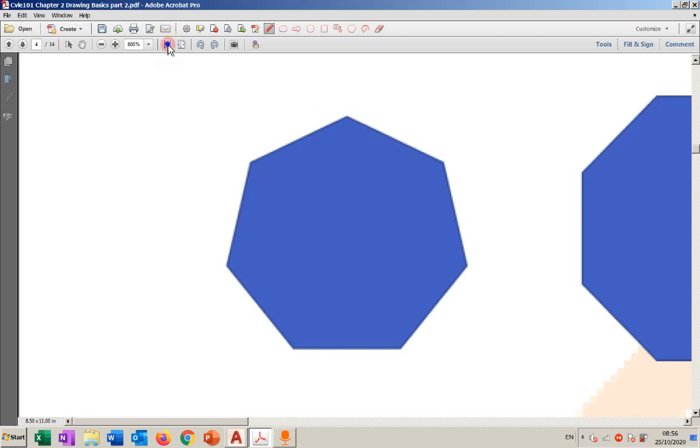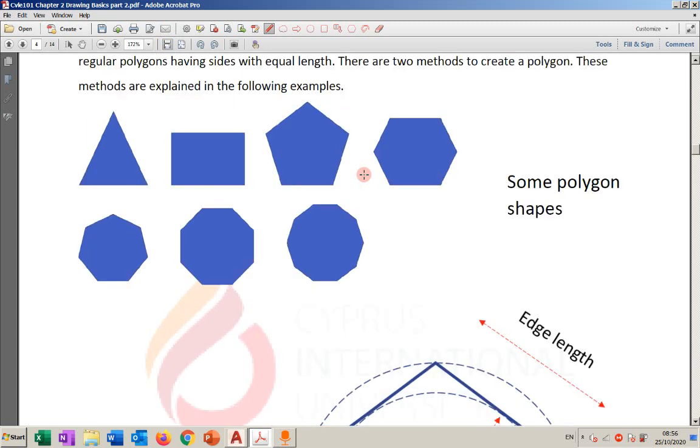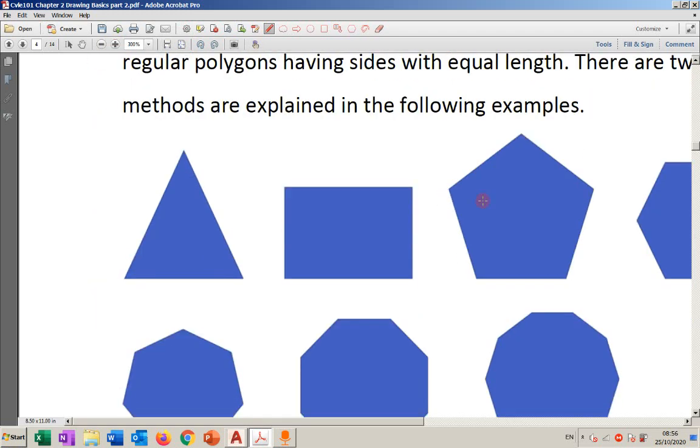So we have two ways that AutoCAD is dealing with this circle. Why? Let me just show it to you. Instead of the circle passing through the points, I could have a circle that is within. Let's draw a circle to show it to you.